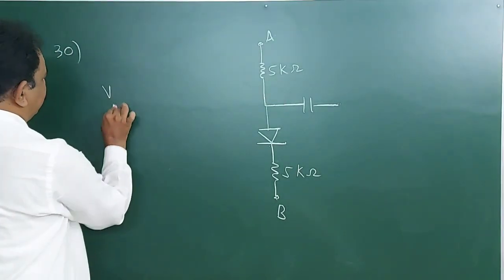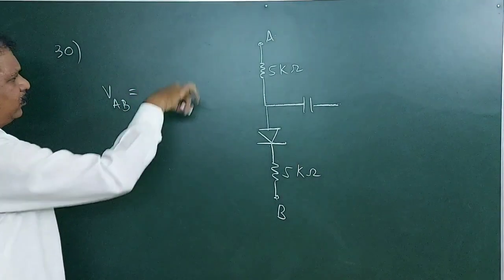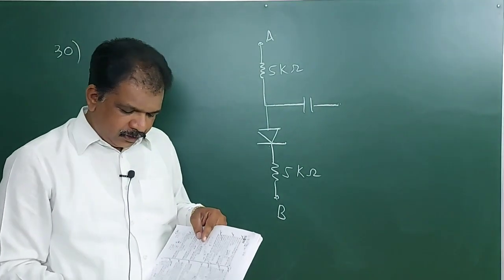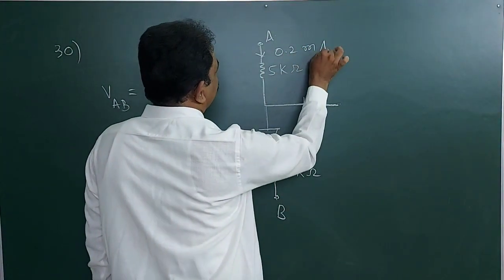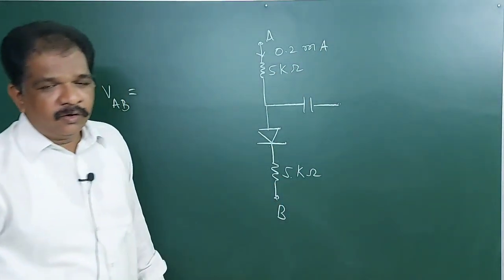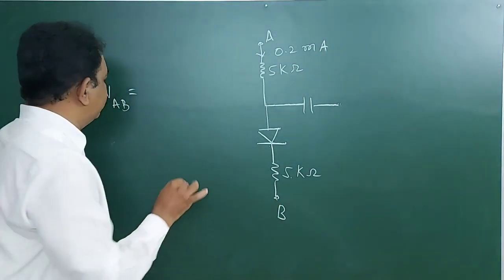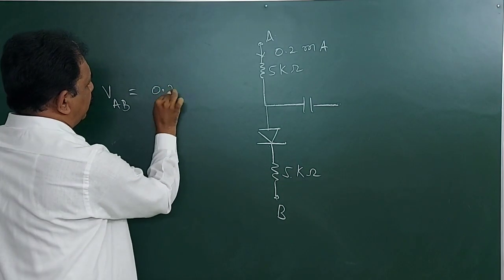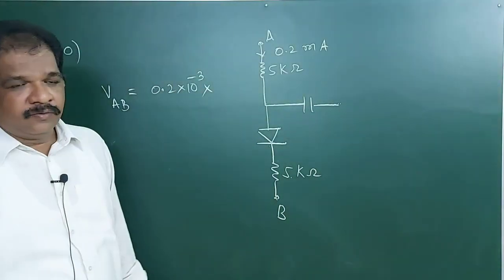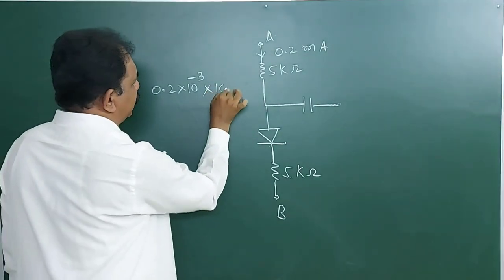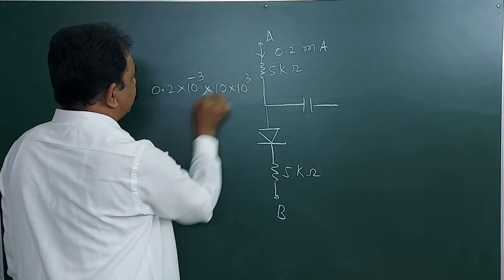Here the current flowing through the circuit is 0.2 milliampere. 5 kilo ohm, 5 kilo ohm, totally 10 kilo ohm. So I is 0.2 into 10 power minus 3, and R totally 10 kilo ohms.